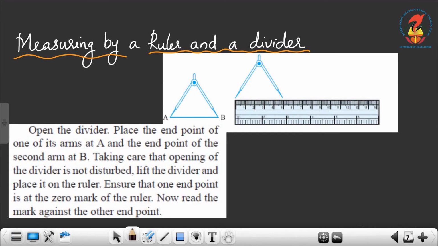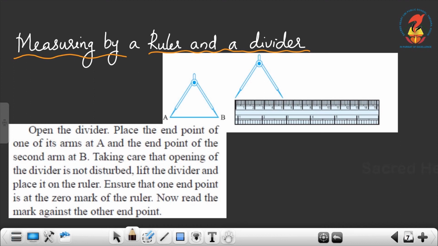You have to open the divider and place the end point of one of its arms at A and the end point of the second arm at B. Then after that you have to lift the divider and place it on the ruler.